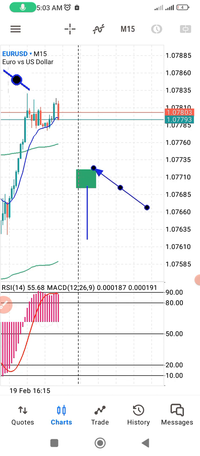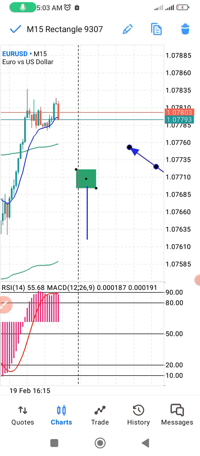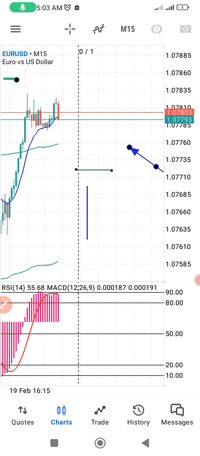Remember, the price opens here without a body. Then sellers push it down, buyers push it up, sellers push it all the way down here, and then buyers push and push, and then the price closes at this level.